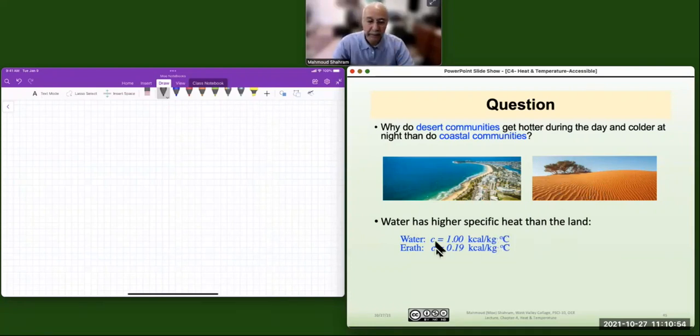If you look at the table, the specific heat of water is 1 kilocalorie per kilogram per degree C. Earth is 0.19 kilocalorie per kilogram per degree C. Which one gets hotter easier and loses its heat easier? The earth. The water holds onto the heat. It heats up slowly, but once it heats up, it holds on to the heat. Whereas the land heats up quickly and loses the heat quickly.